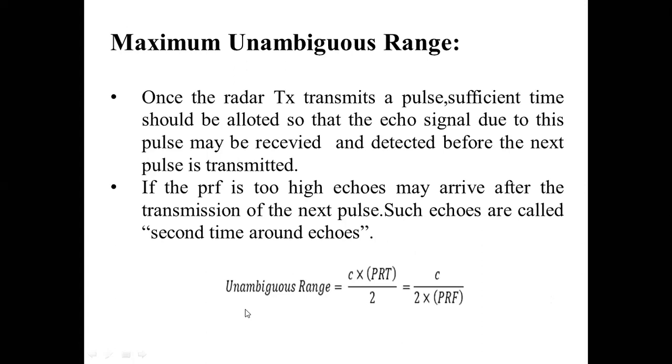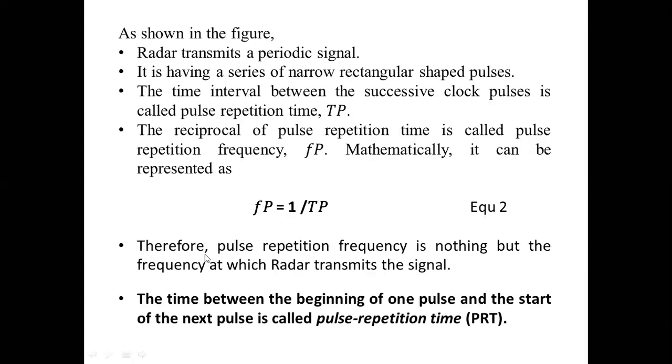This is the final definition of the pulse repetition time: the time between the beginning of one pulse and the start of the next pulse is called the pulse repetition time. Inverse of the time is nothing but the frequency. Very, very important definition.